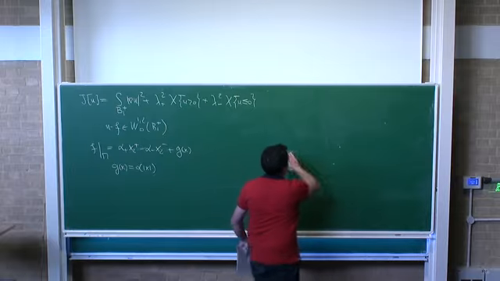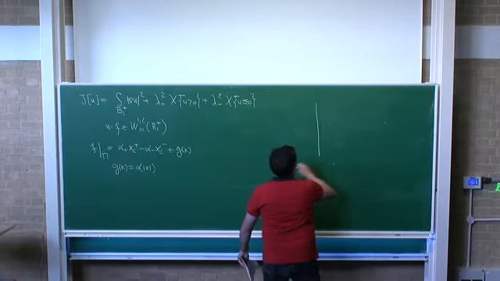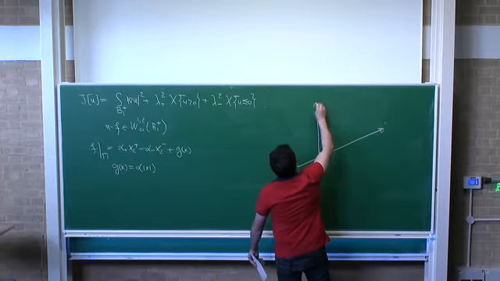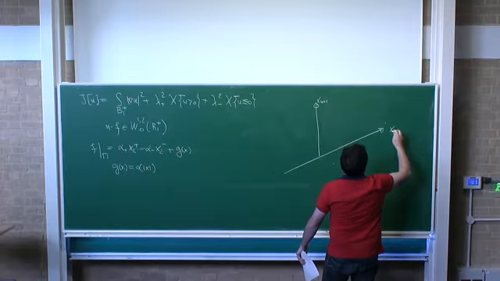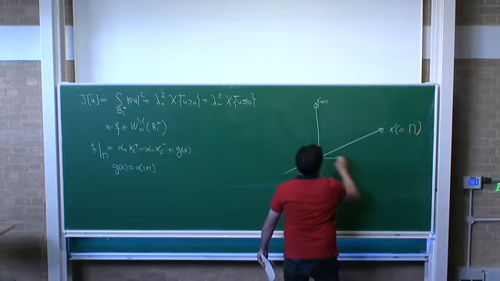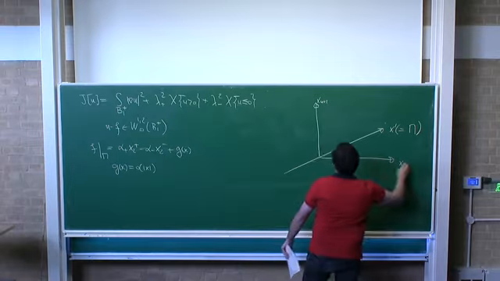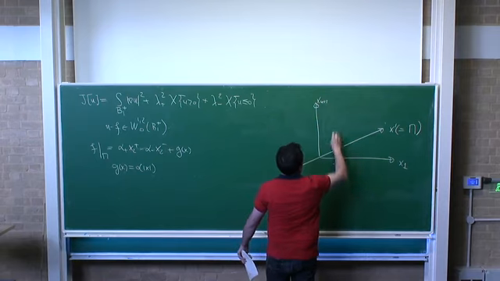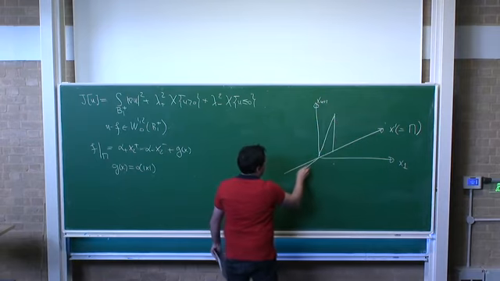So just let me draw a cartoon picture to explain what's going on. Say this is x_{n+1}, and this is x prime, which is our π, and this is x1. So we are prescribed something like this.